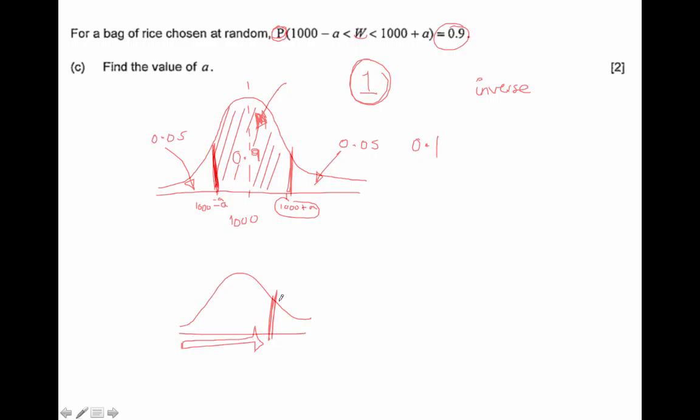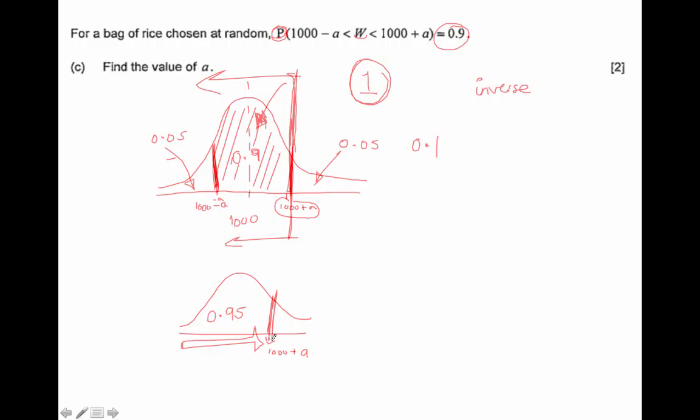So if we come back to this question down here, the calculator only goes from left to right. I want to find 1,000 plus A, somewhere up here. What percentage of the bags of rice fall below this point? Well, it's 0.9 for the middle part and 0.05 here. So on the calculator, I'm actually looking for 0.95.